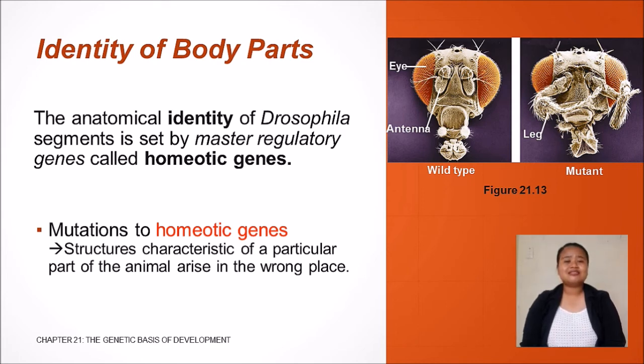That's why instead of an antenna, a pair of legs is seen. Without the mutation, this homeotic gene will complete the development of the Drosophila and its different parts of the body.